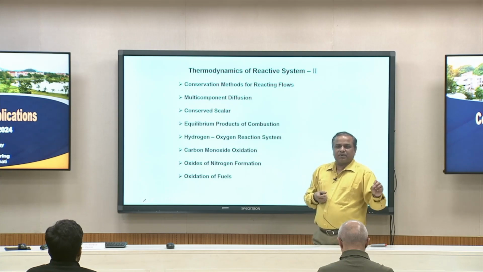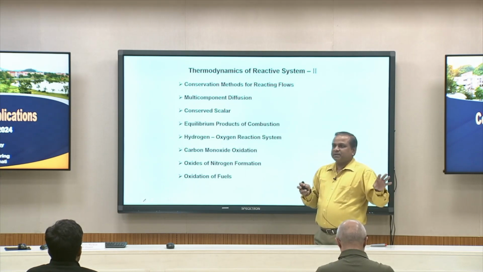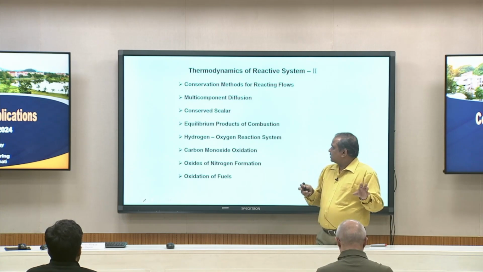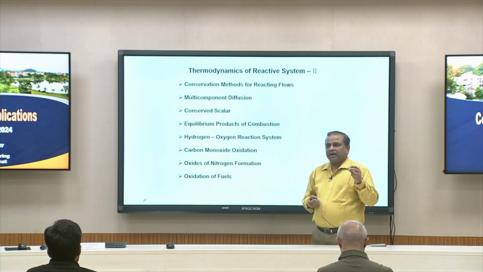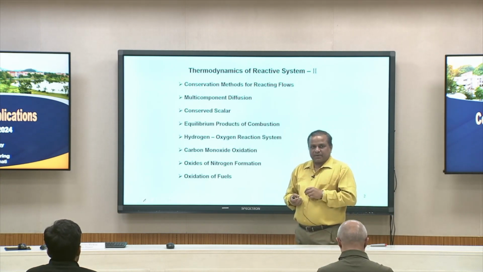But lean or rich means we at least know the percentage of fuel and air combination. In an environment where it is non-pre-mixed, the role of phi does not seem to be appropriate.